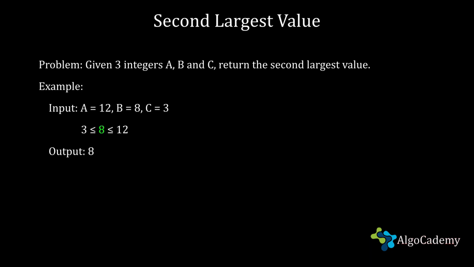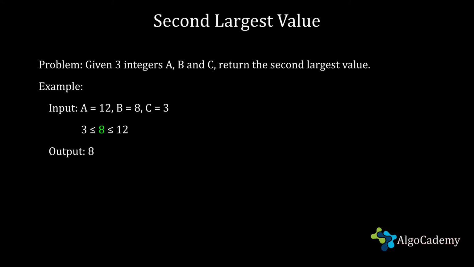Now the solution is pretty straightforward, and it is based on the observation that the second largest value is greater than or equal to the minimum between the two other values, and also it is less than or equal to the maximum between the two other values.